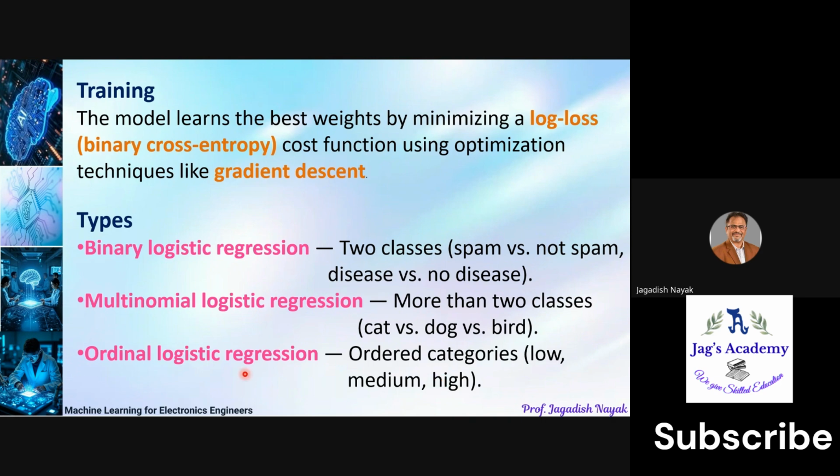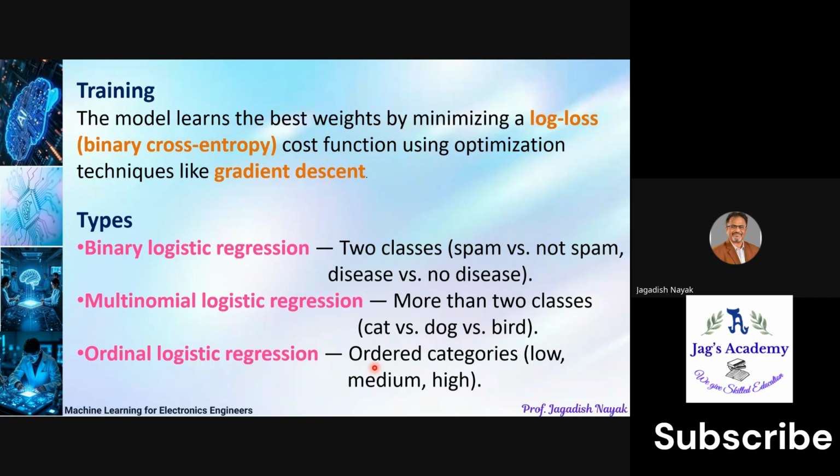Then you have ordinal logistic regression. This ordinal logistic regression is used to classify the data into low, medium, high. For example, you have the same disease, which can be low risk, medium risk, high risk. You have the data of a person, say heart rate data or some diabetes data.